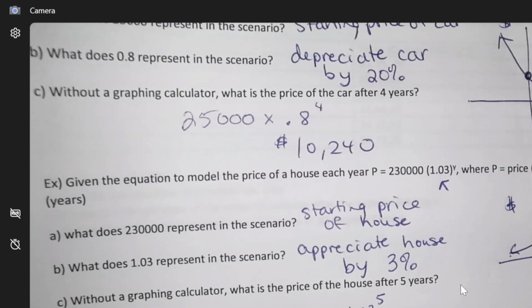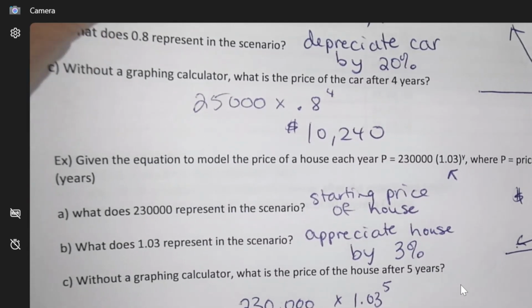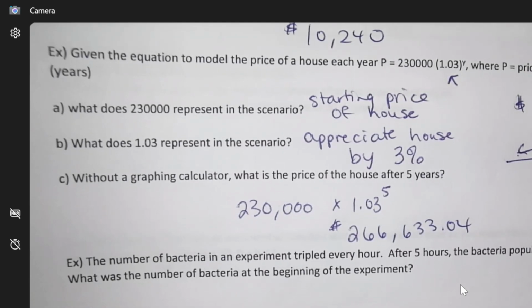Just try that. How's that? Your house got more expensive?